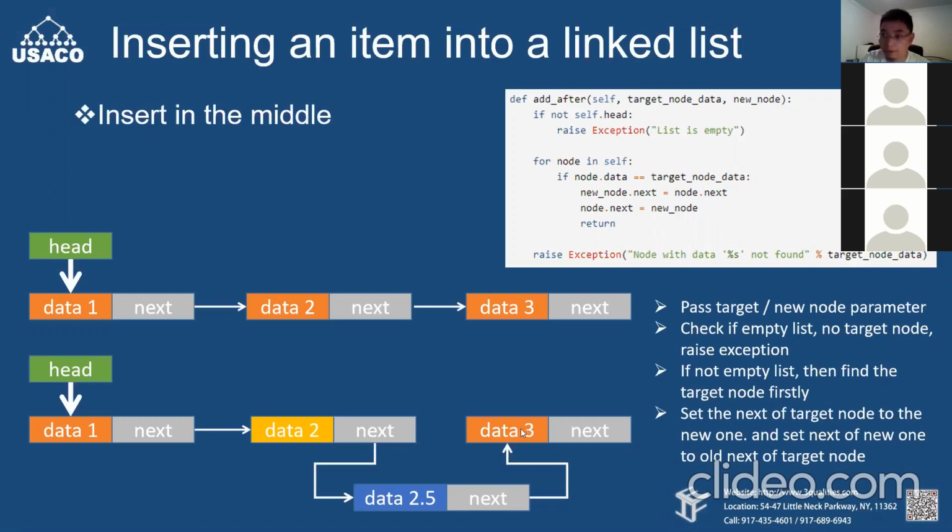Node 3. After you hold node 3, then you can update the next of node 2 to the new one. That's very important. I know it's confusing here, but you need to really understand it.